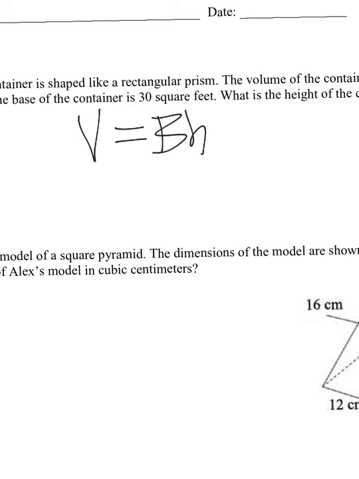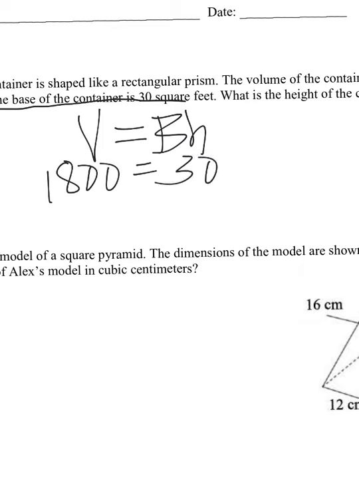It gives you the volume of 1,800 feet, and it tells you that the area of the base is 30, and you're looking for the height. This is a one-step algebra problem. To get h by itself, you divide both sides by 30.